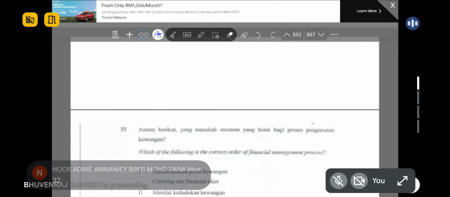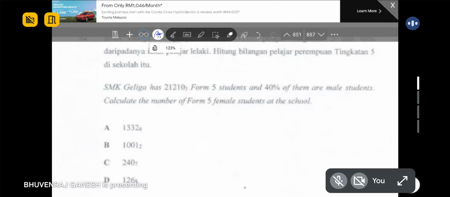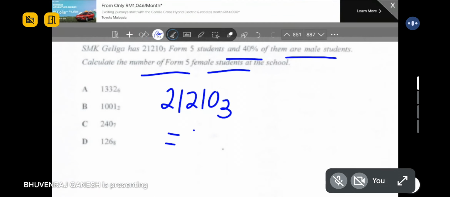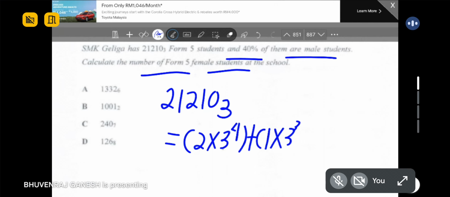Oh, 32. Okay, so for 32, you guys, 40% male. They ask you number of female. Okay, so you just convert, guys. Kamu kena tukar yang ni. Asas 10. Okay, so 0, 1, 2, 3, 4: plus 1 times 3 power 3, plus 2 times 3 power 2, plus 1 times 3 power 1.